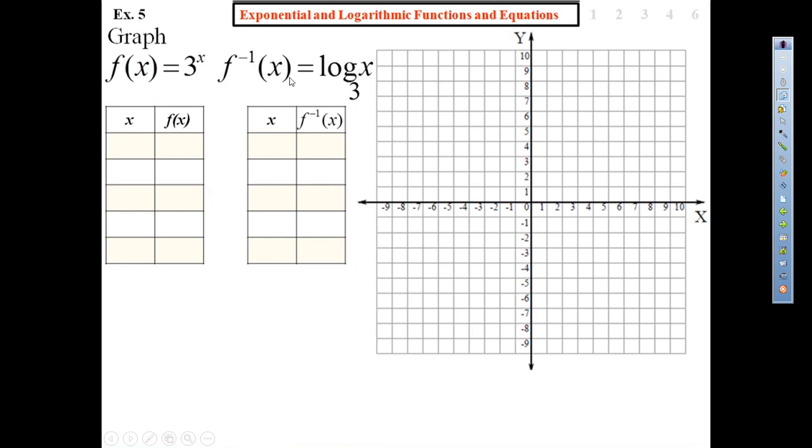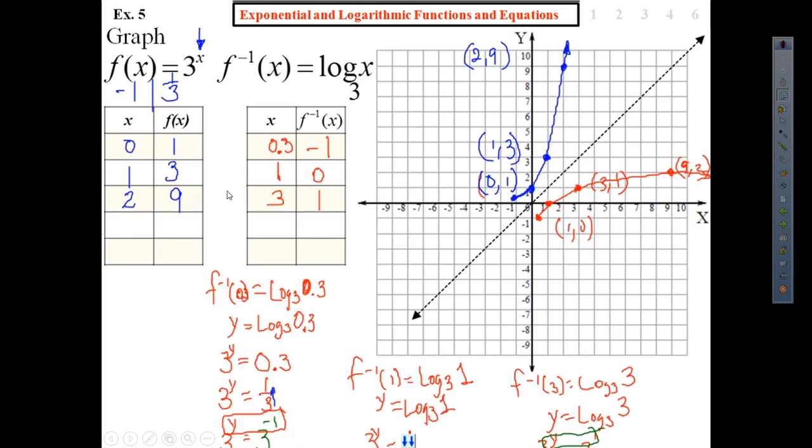All right, let's continue. Last week we left off with this one. I said the inverse of x, log base 3 of x, was the inverse of this exponential function f of x equals 3 to the x power. And then we graphed those, and they look like this. The blue one is the exponential. The red one is the log base 3, which is the inverse of the exponential.